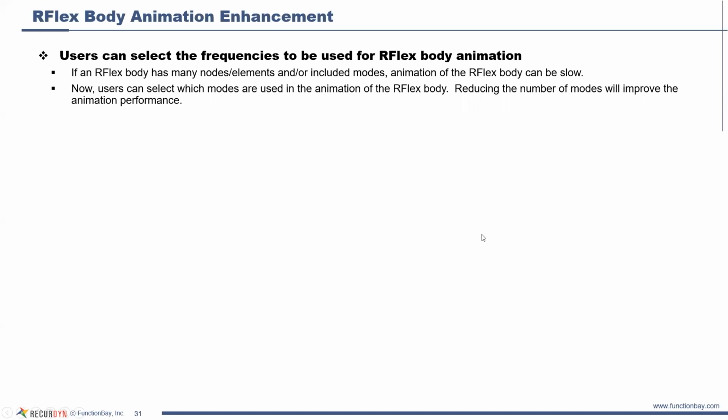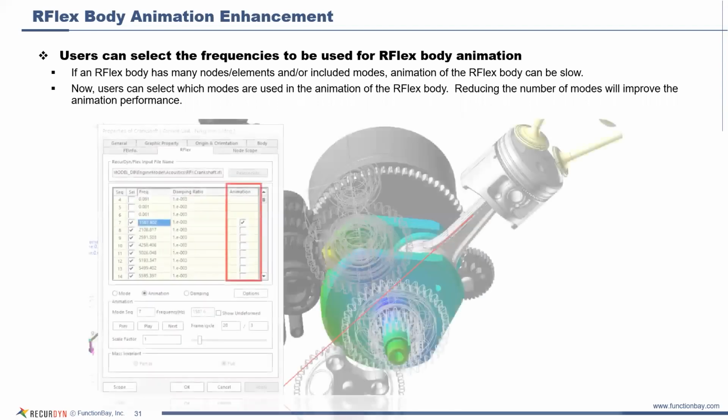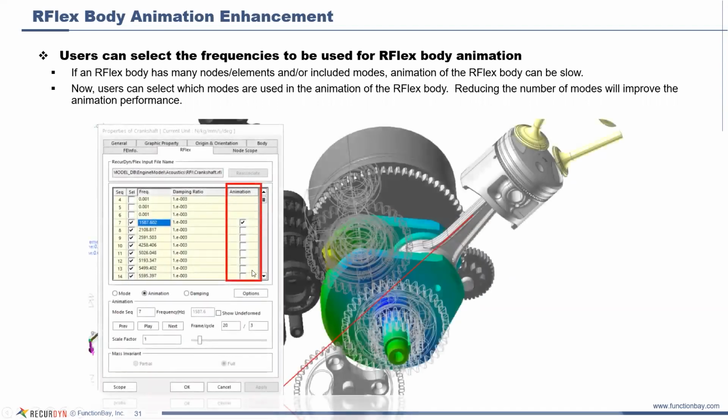There's an enhancement to the RFlex body animation. The user can now select which modes they want to have included in the animation, and that will help increase the speed of the animation.